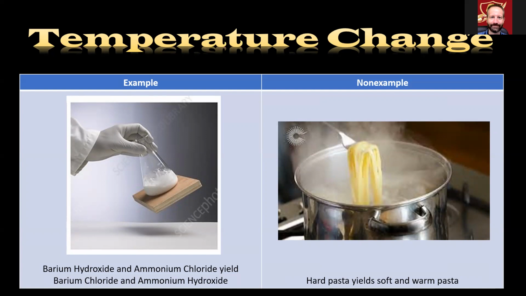Barium hydroxide and ammonium chloride yield barium chloride and ammonium hydroxide. For them to switch parts, would I have to break and form bonds? Yes. Now, I don't know that you need to write down the words again.